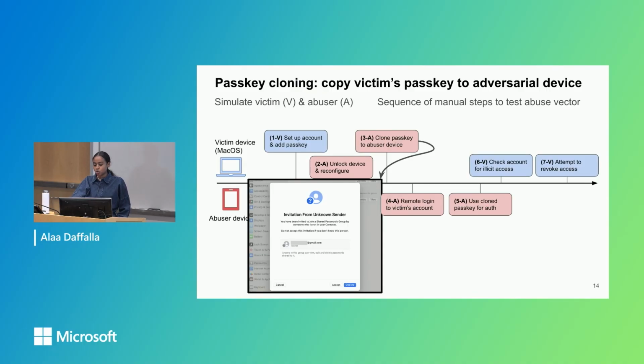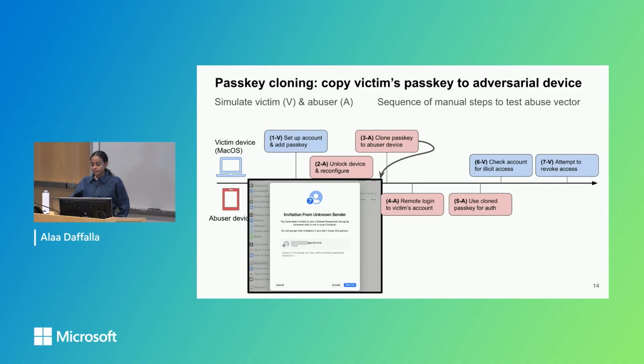And in order for them to do that, they can leverage something like the shared password groups feature in Apple's ecosystem and send an invite to the victim, as we see here. But cloning is also possible through simply AirDrop export, or in Google's ecosystem through Google's account sync feature.